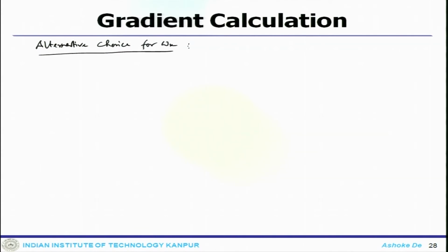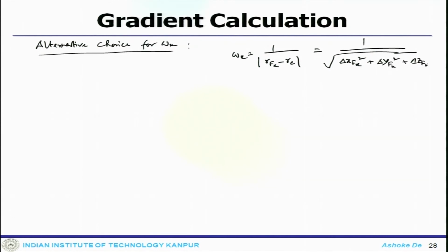Something which has been used is that Wk could be some sort of an inverse distance function, 1 over |r_k minus r_C|, which should be the square root of Δxk squared, Δyk squared, Δzk squared.